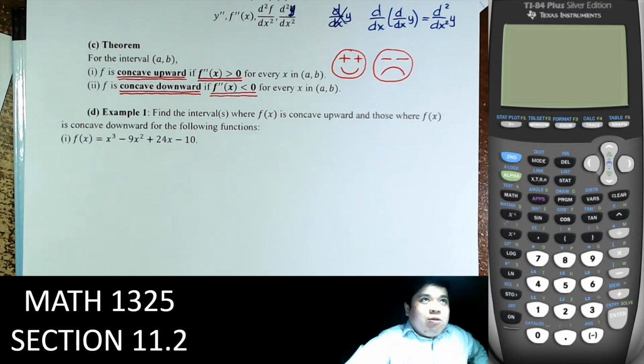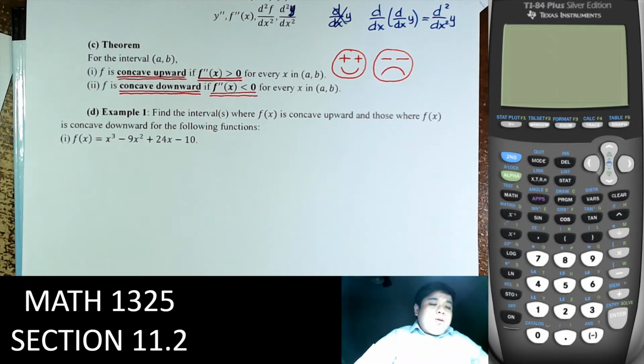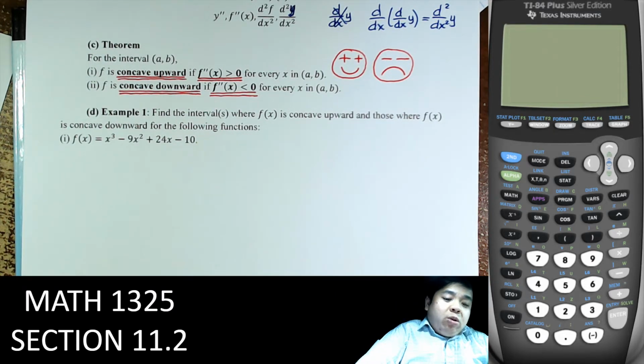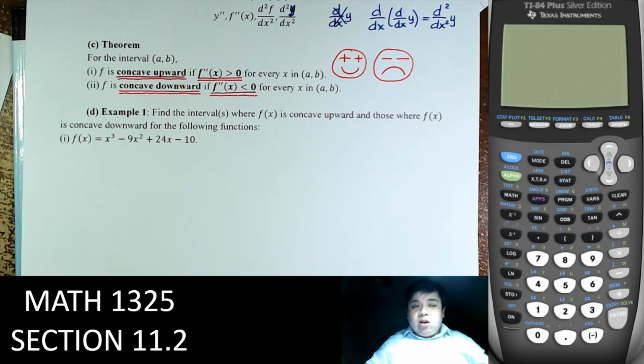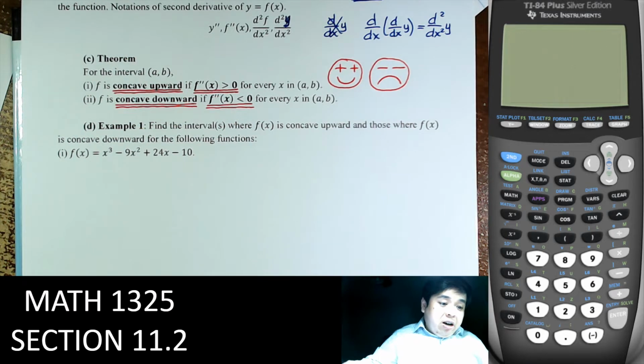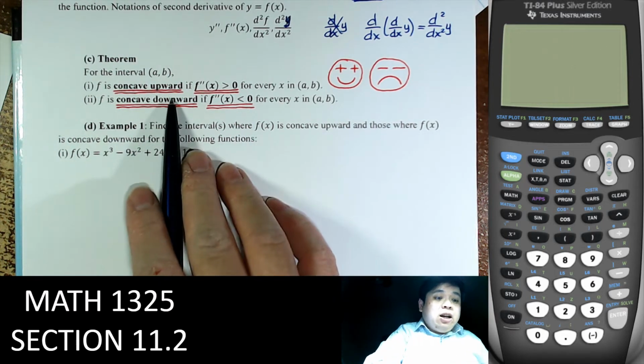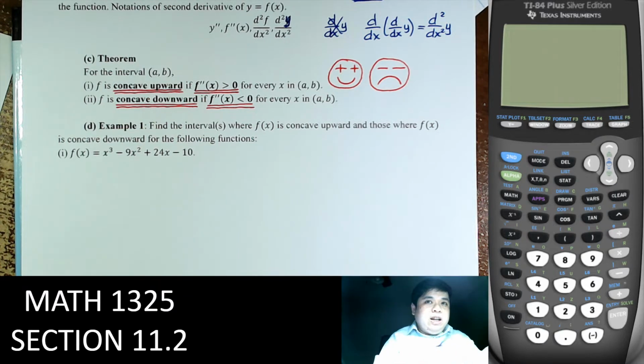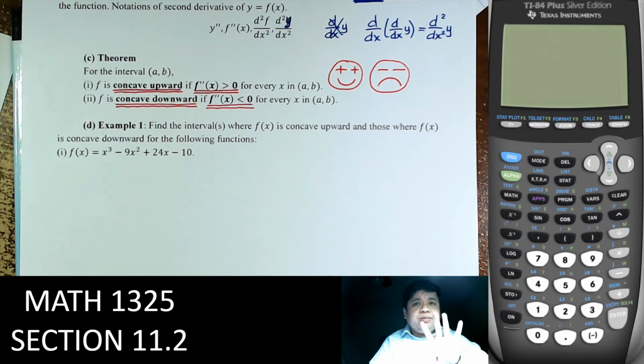Now let's look at the first example. Find the intervals where the function is concave upward and those where the function is concave downward for the following function. Simply enough, just find the second derivative. If it is positive, concave up; negative, concave down. Just like the previous section, there are 4 possibilities.